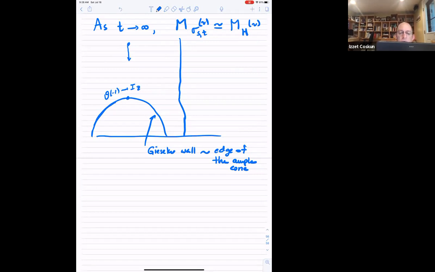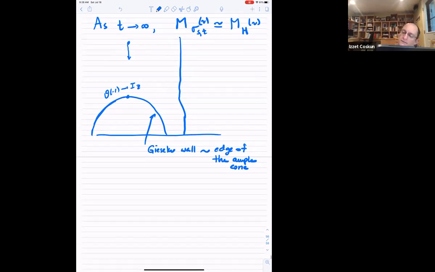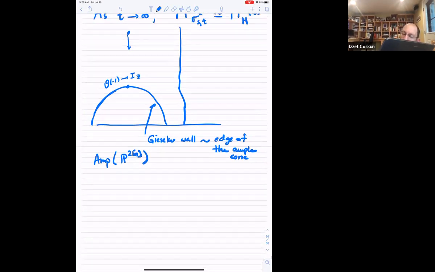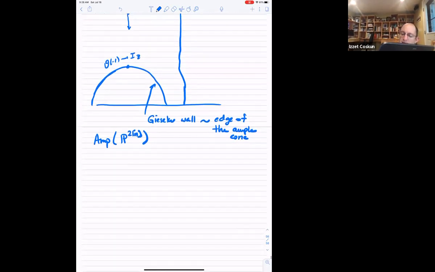But the key point here is that we've already seen this. We've talked about what the ample cone of P2[n] is, and we saw that it was spanned by H and (n-1)H - B/2.